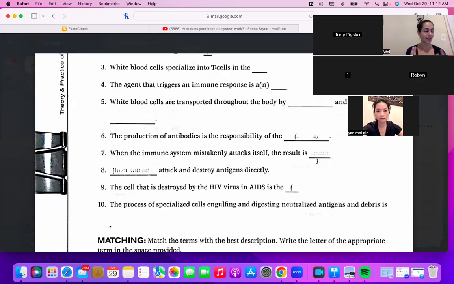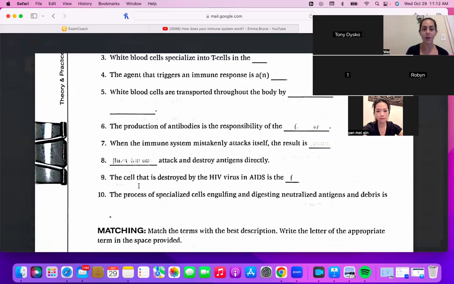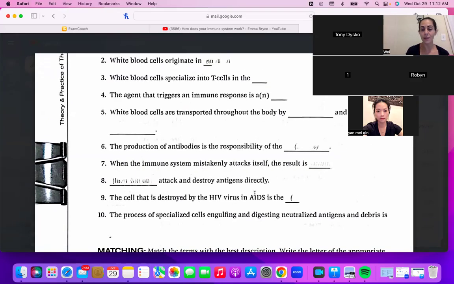Phagocytes are white blood cells, and they do that too, but to be more exact, they're called killer T cells. Killer T cells. Now, number 9, the cell that is destroyed by the HIV virus in AIDS. Helper cells. Yes, the T helper cells, correct.